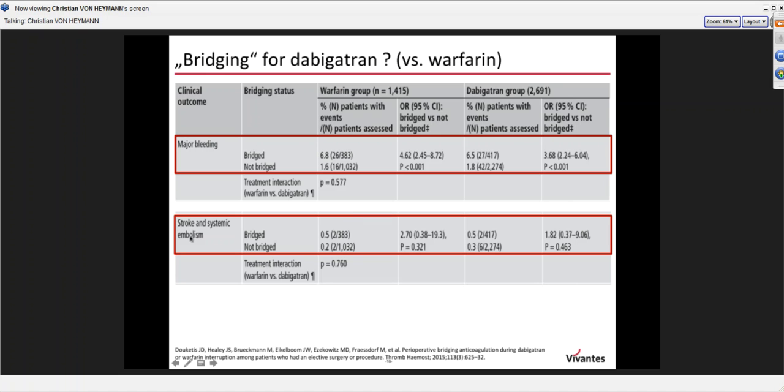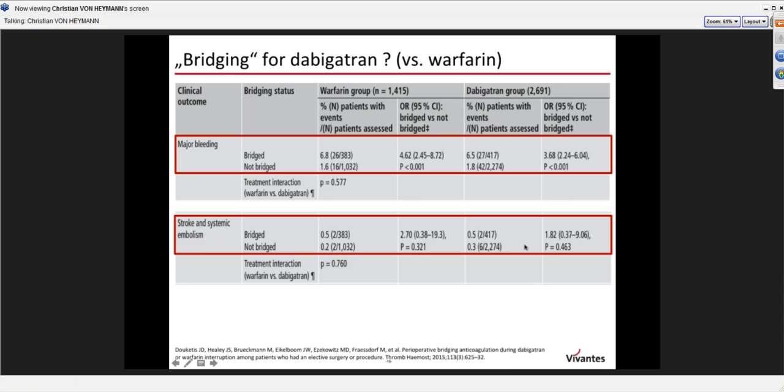And do these patients pay this with a higher risk of stroke and systemic embolism? The result is here. There was a very small incidence of 0.5 in the bridged patients and 0.3 in the non-bridged patients. That was a non-significant difference.